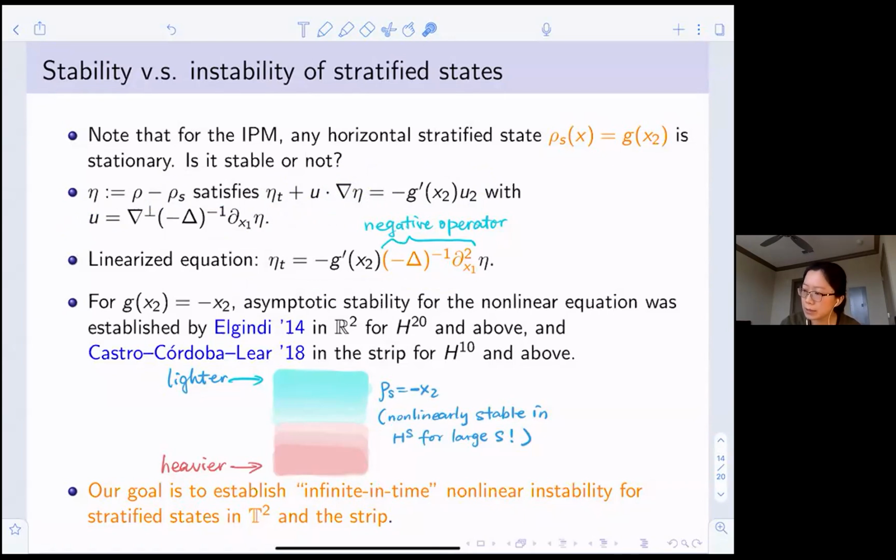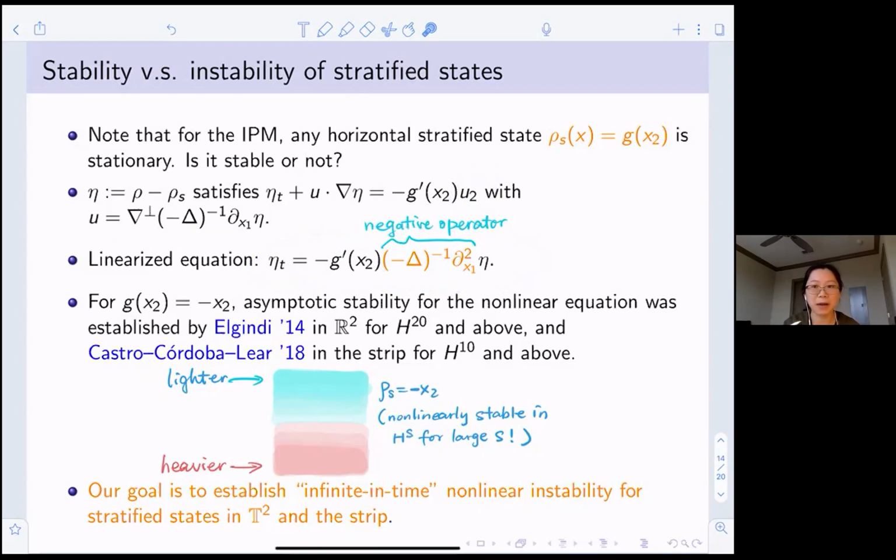Here I'm plugging in this explicit U2 so that it can be written explicitly as an operator in terms of eta. Notice that this orange part is always a negative operator. So that intuitively suggests that if G prime is negative, then this should be linearly stable.